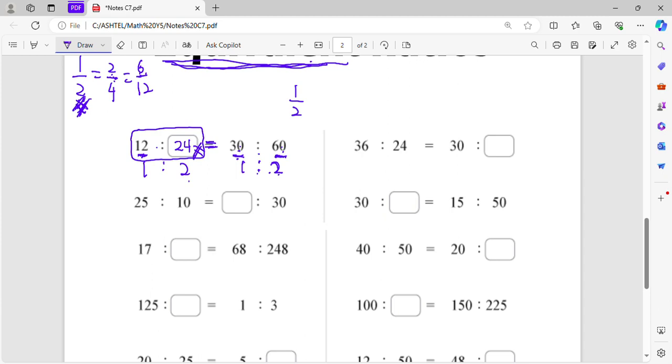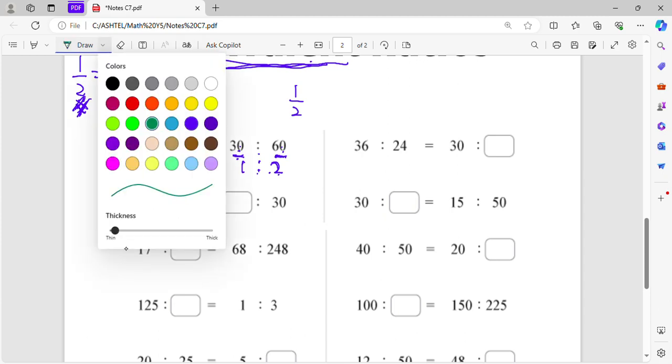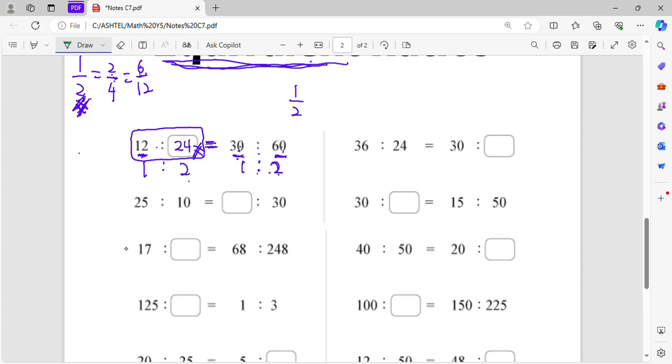Okay, now let's look at the next example here. We have 25 to 10, and then we have a blank to 30. Let's look at the simplest ratio that we can get here. How do you find it?